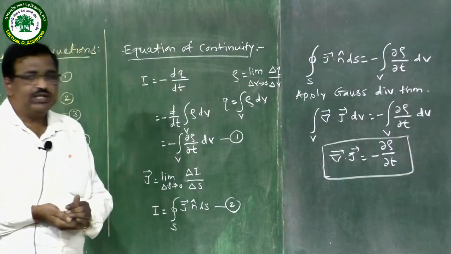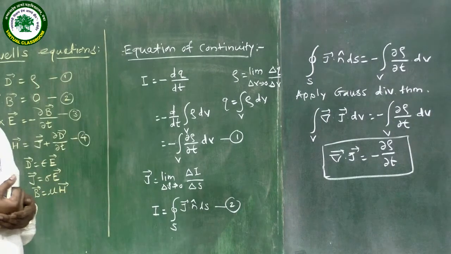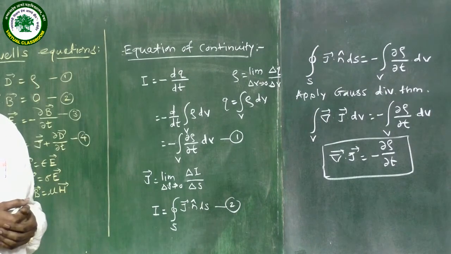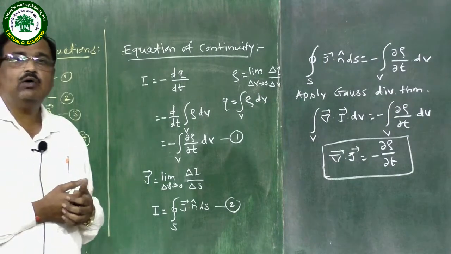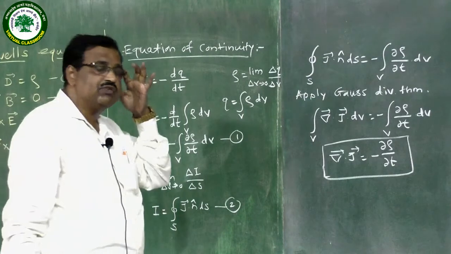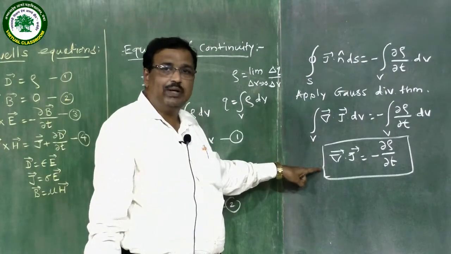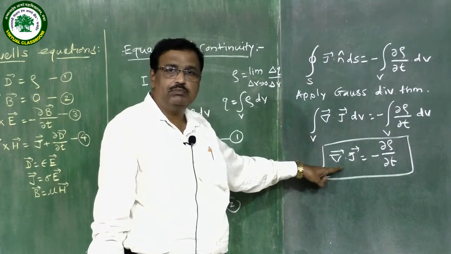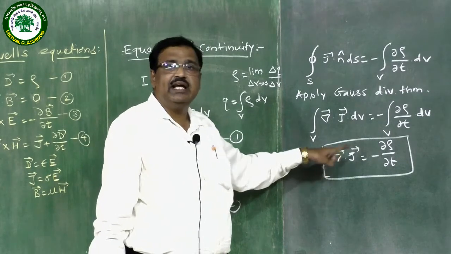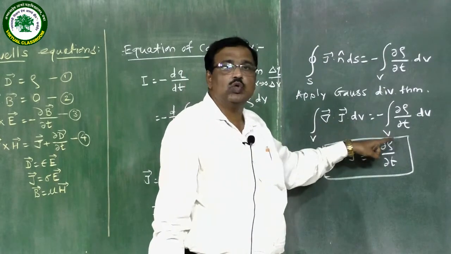This equation of continuity indicates that on the left hand side we have the divergence of vector J, while on the right hand side we have the time derivative of charge density rho. It states that if charge is moving out of a differential volume, that is the divergence of J, then the net amount of charge goes on decreasing.